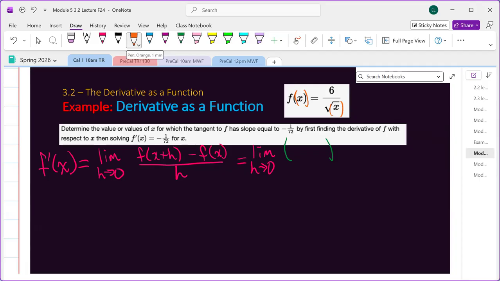So in my formula, it's going to be 6 divided by the square root of, and then the thing here is x plus h. Minus, now we're just going to do the function itself, which is just 6 over the square root of x. And then that is all being divided by h.